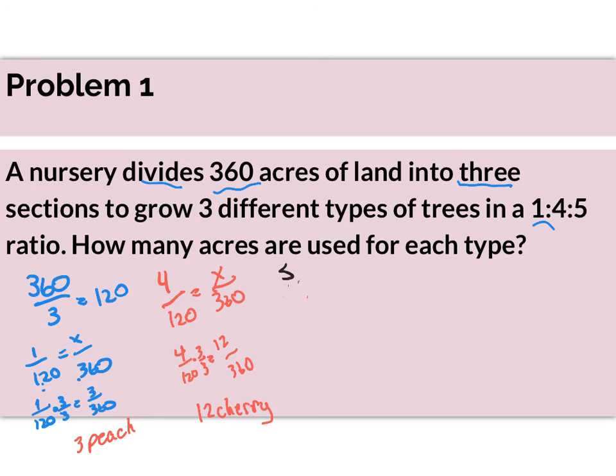If our multiple is 3 over 3, then we get 15 over 360, and then let's call it 15 apple trees.